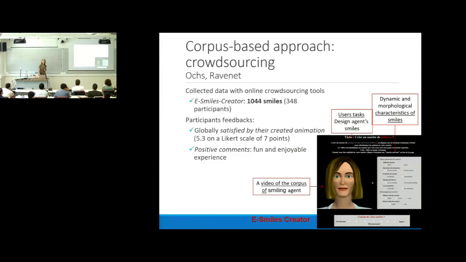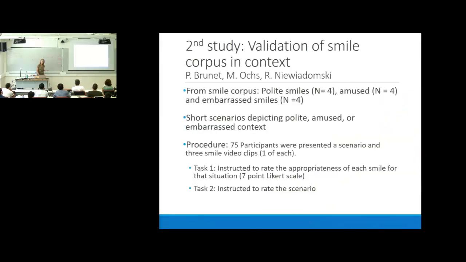Once we had this corpus, we had to see how it is perceived. So the first thing was to validate the different smile corpus in a free context. We found 3 different scenarios depicting polite, amused, and embarrassed contexts, and those scenarios were validated.